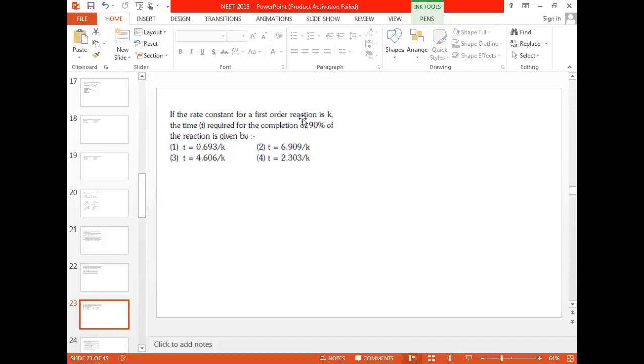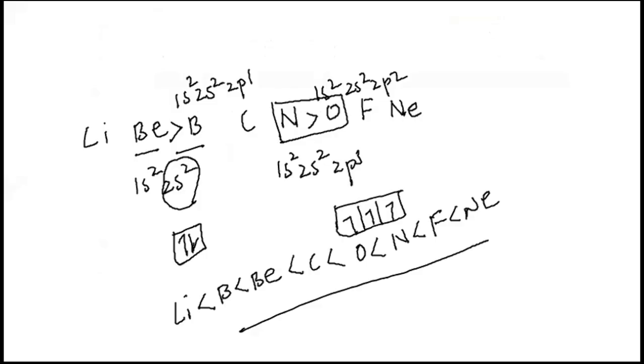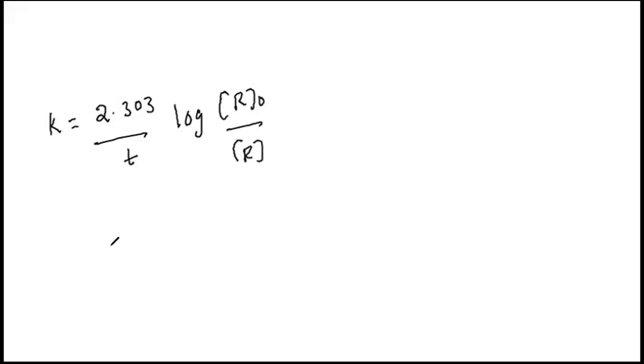99% means what is the first order reaction? Any idea about the first order reaction? K is equal to 2.303 by t into log R naught by R. Then here, how much did I start with and how much is completed? 2.303 by t log of initial concentration 100.